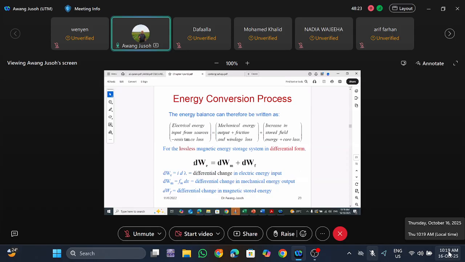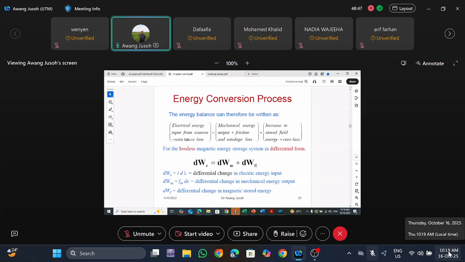So d represents the differential form of energy, the small change. The change of electrical energy equals the change of mechanical energy plus the change of stored energy in the magnetic field. This is a very important equation to relate the electromechanical system.